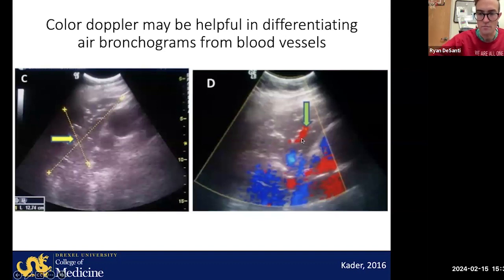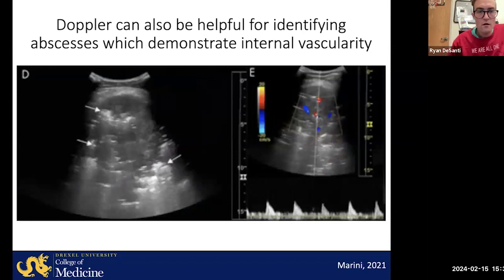Putting color Doppler on can demonstrate whether or not there's blood flow, which would make it a vessel. It can also be helpful in identifying abscesses, which typically will demonstrate internal vascularity, but with the vessels more isolated to the outer perimeter of the consolidation.